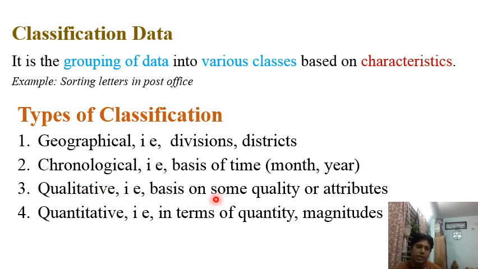These types of classifications are qualitative classification. It mainly focuses on quality or attributes. The last is quantitative classification, in terms of quantity or magnitude. How many, how much: this is quantitative classification. So these 4 classifications are basically used in grouping statistical data.